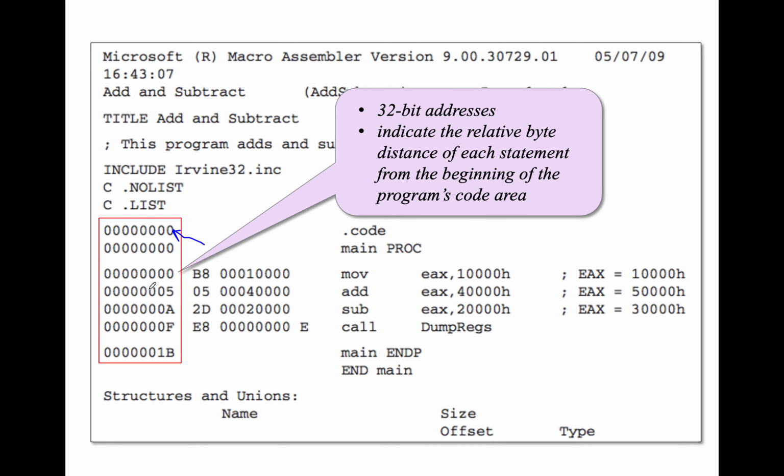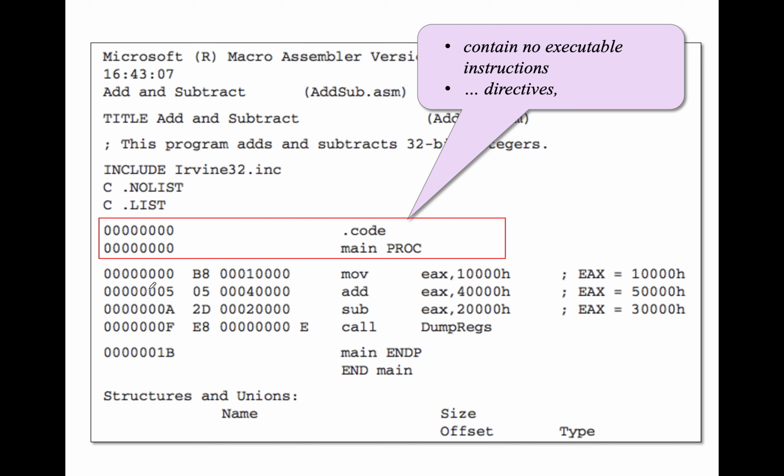at a different value. Okay, now next what you're going to see, your .code, your main program, is not yet started because it has nothing, no executable instructions at all. So you're not going to occupy any space. It is just a directive.